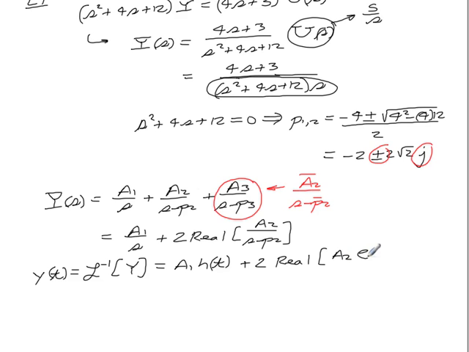That's a2 e to the p2t. That's complex, but we pull off only the real part. And so what I'm going to get here is 2 times e to the minus 2t, and some coefficients here, a and b, which I don't really need to find to draw the conclusions I need to.